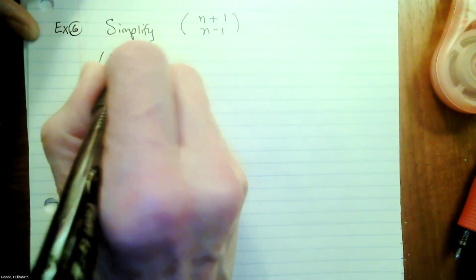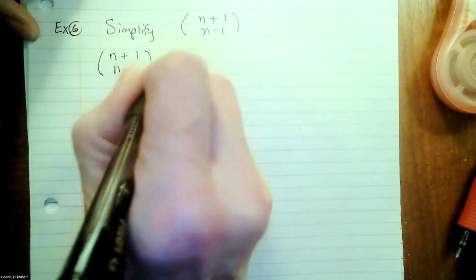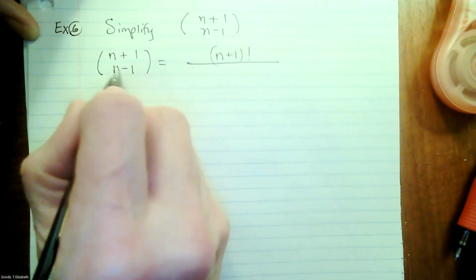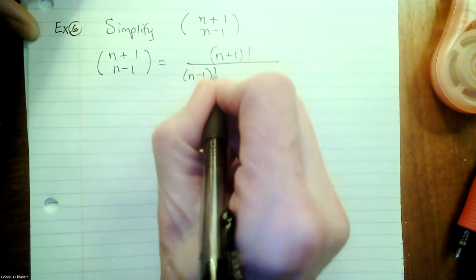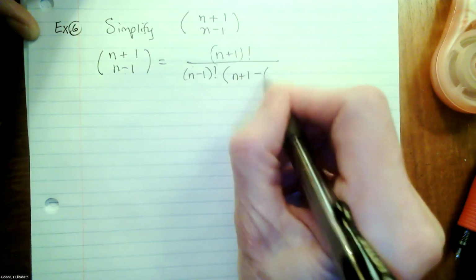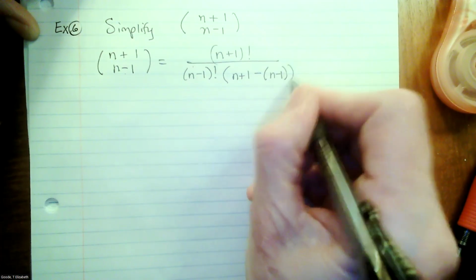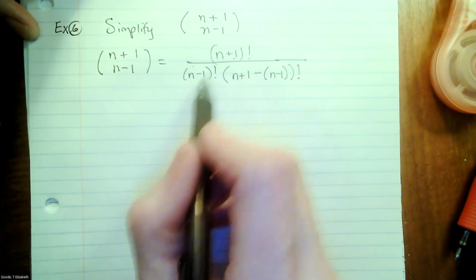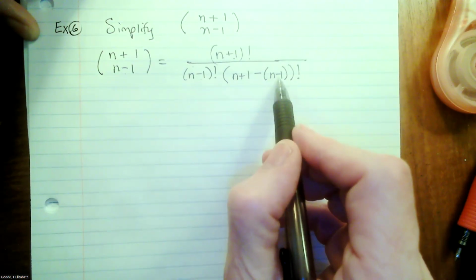Well, the thing to do is simply use the formula. It's n plus 1 quantity factorial on top. It's n minus 1 factorial times n plus 1 minus the quantity n minus 1 factorial, right? Because it's n factorial over r factorial times n minus r factorial.